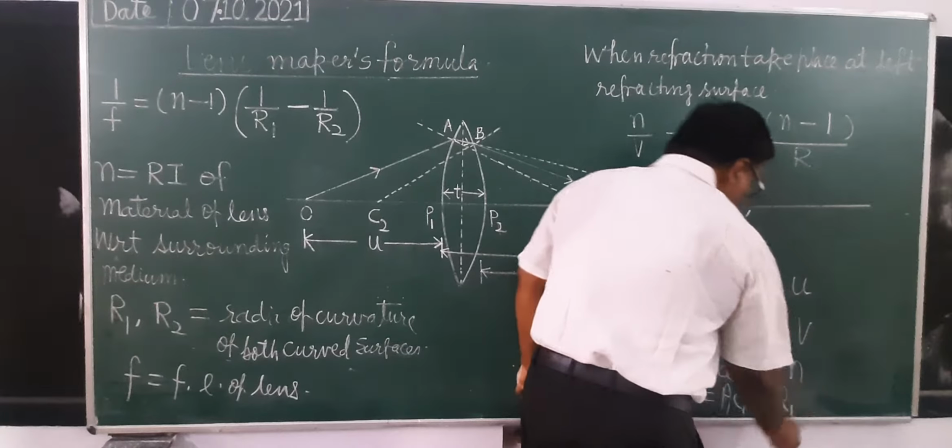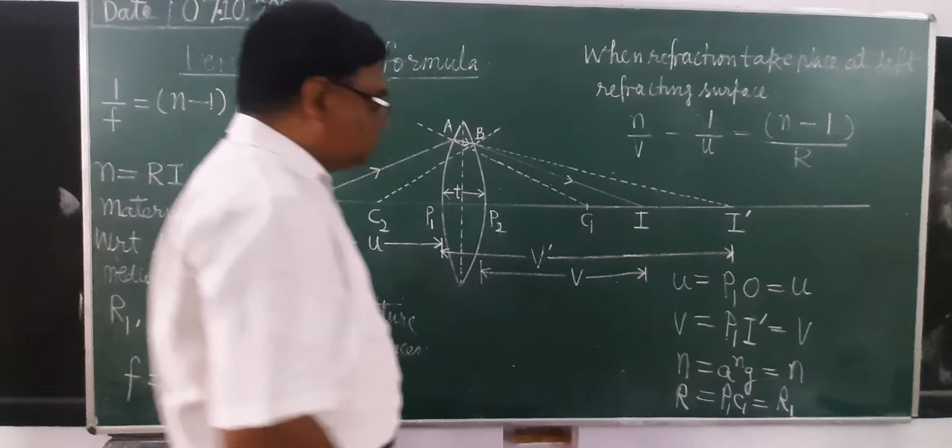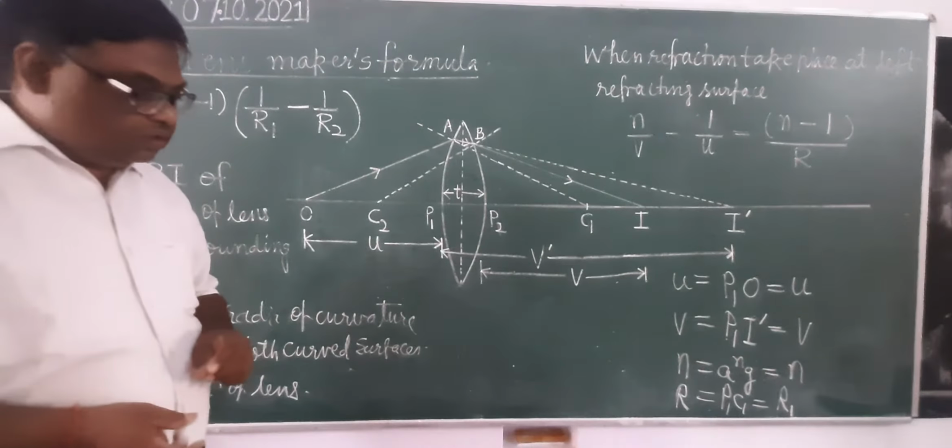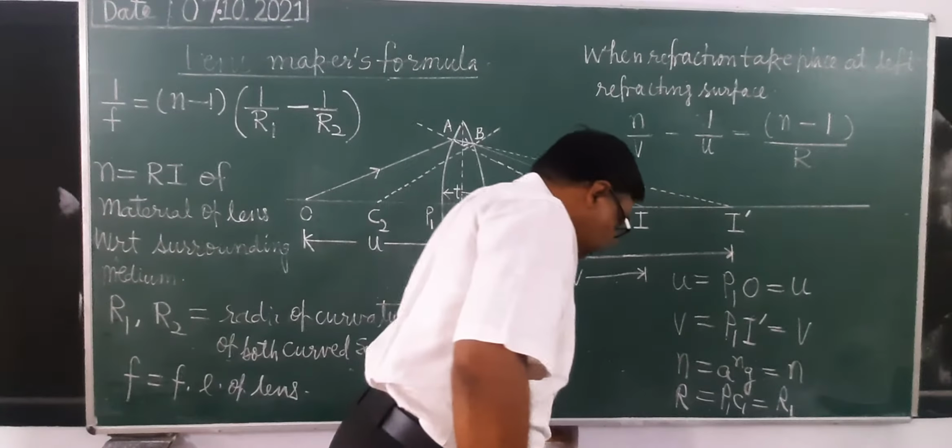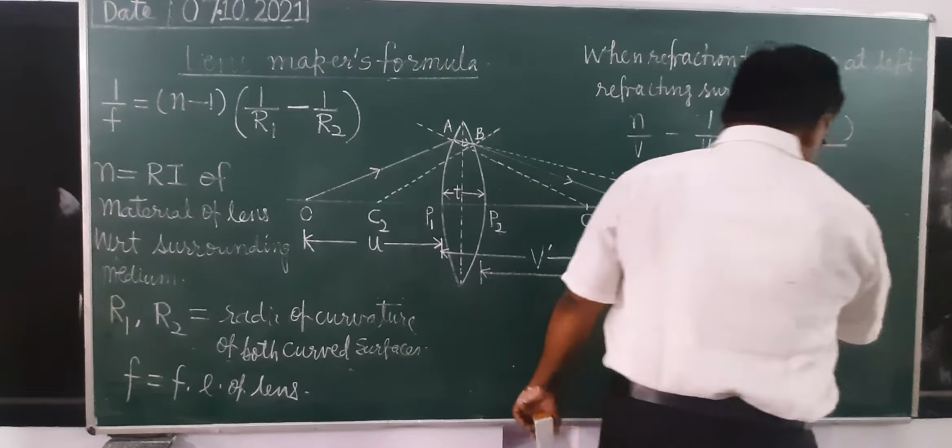Now you substitute these values here. When you substitute, what will you get? It is not B, it is B dash.